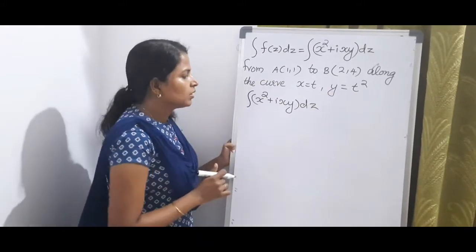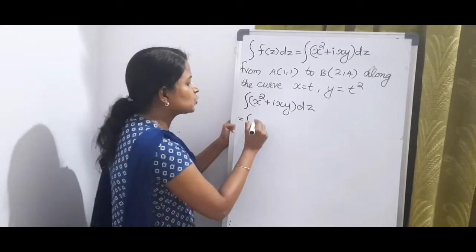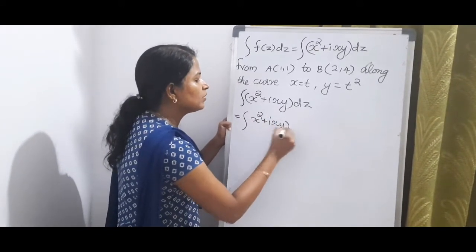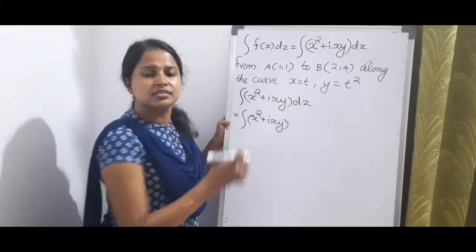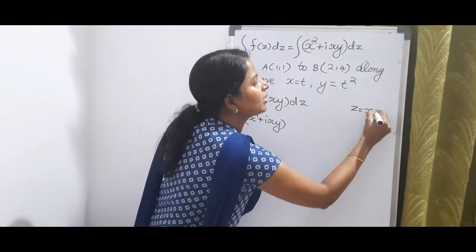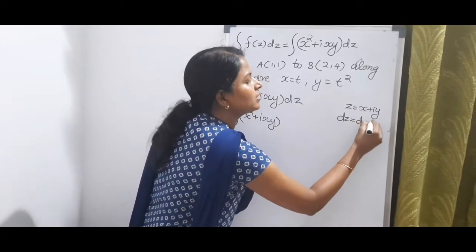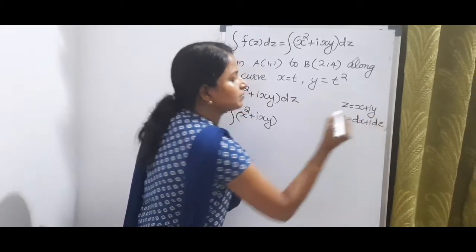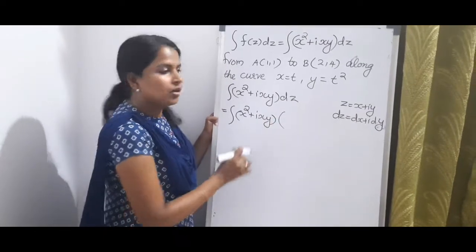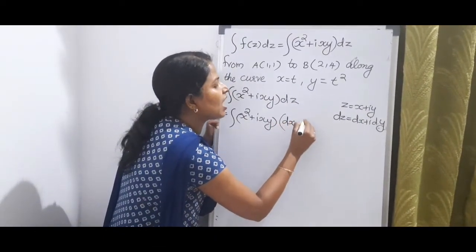This is equal to the integral of x square plus ixy into dz. What is dz? z equal to x plus iy, so dz equal to dx plus i dy. That is, put dz equal to dx plus i dy.